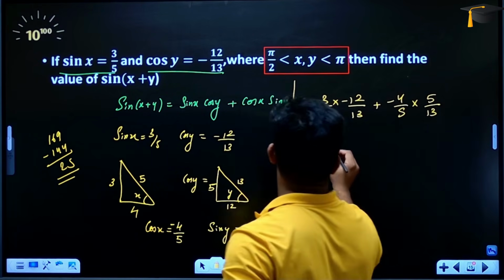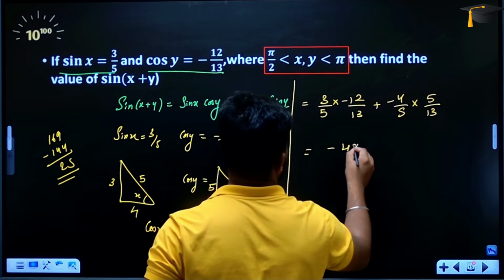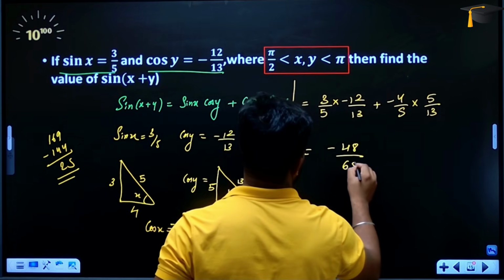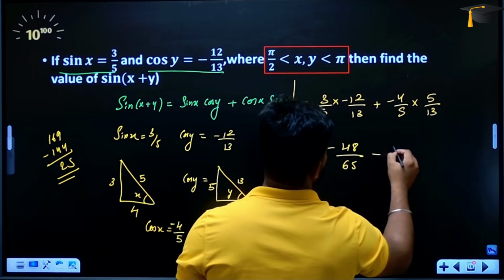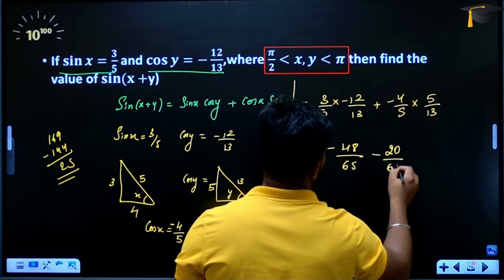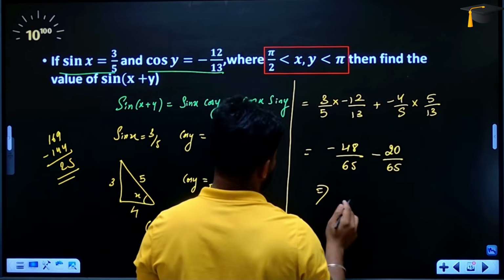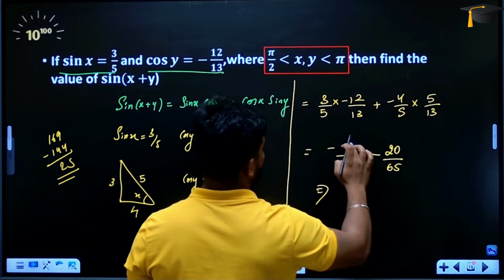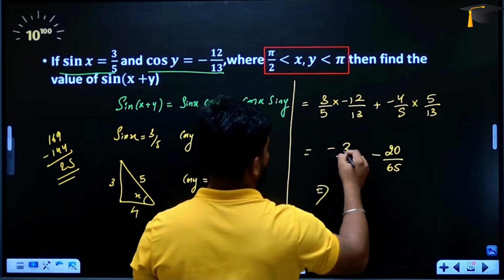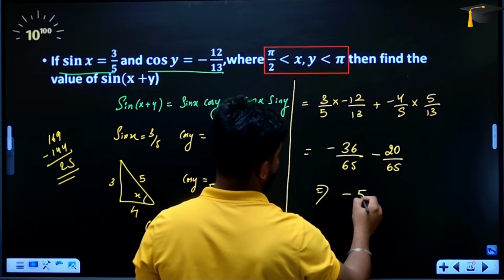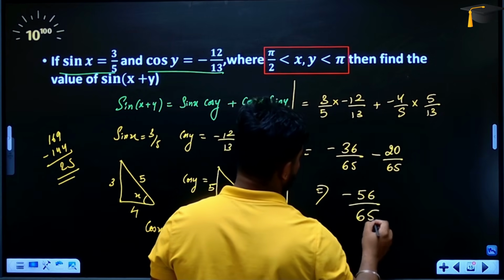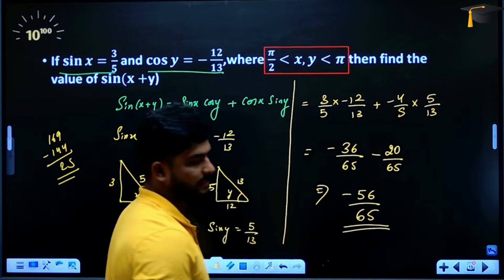So minus 36 by 65 minus 5 4s are 20, right? So 20 divided by 65. I hope it is correct. Yeah. No, it's 36. 12 3s are 36. So it is minus 56 by 65, right? So minus 56 by 65 is the final answer.